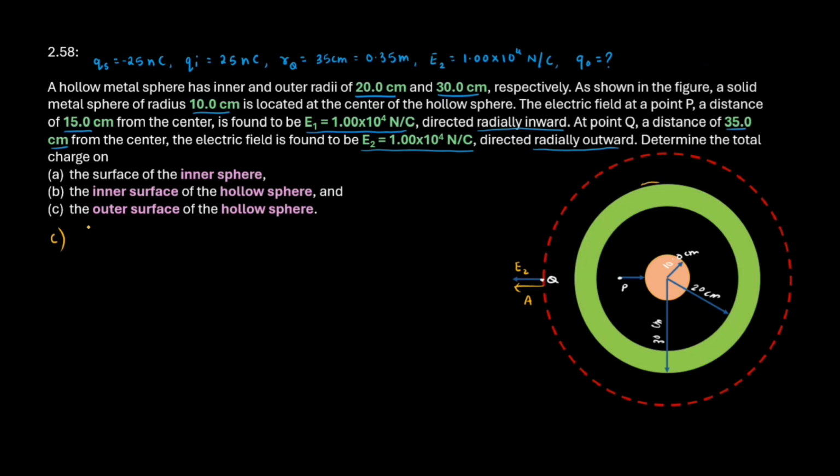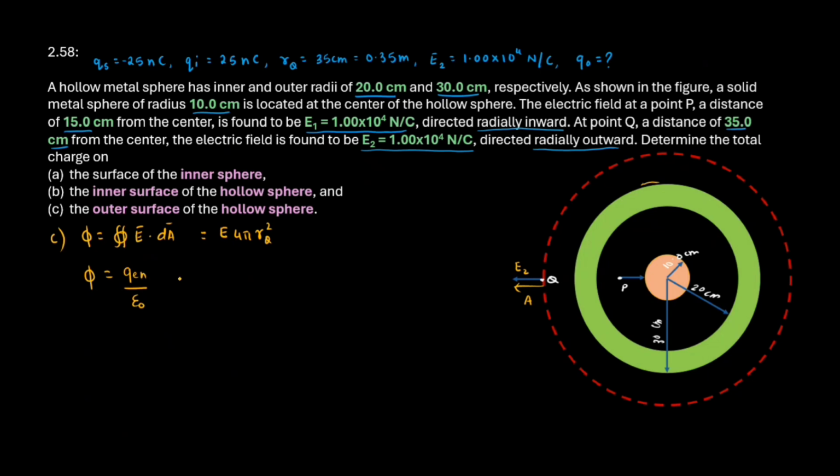Flux through the Gaussian surface can be found as phi equals integral E bar dot dA bar. Since both electric field and area vector are pointing in the same direction, the angle between them is 0. So we get this as E times the surface area of the sphere, which is 4 pi RQ squared. Using Gauss's law, we know that flux through any closed surface is numerically equal to charge enclosed by the surface over epsilon naught.